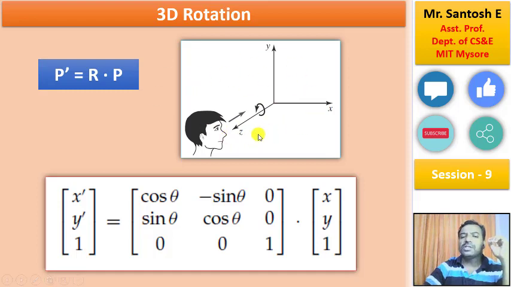Whenever I wanted to rotate an object, we had the z-axis as a constant default axis, which we used to rotate an object in the xy plane.